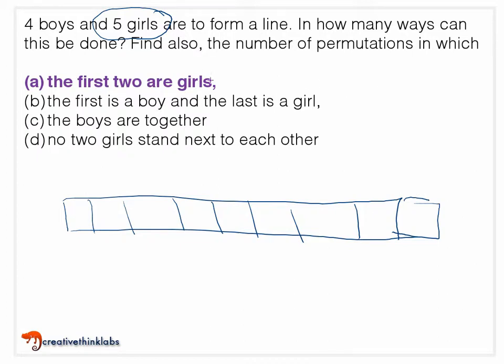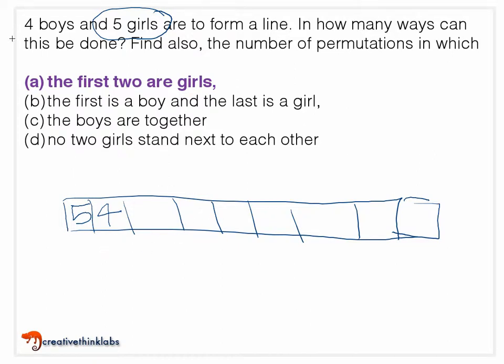Now it says that the first 2 are girls. So let's take care of the restrictions first. So there are 5 ways to put the girl in the first row, and then we have 4 ways to put the girl in the next row. So this takes care of the restrictions.